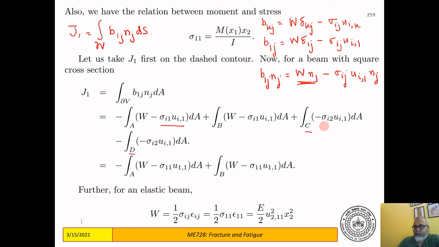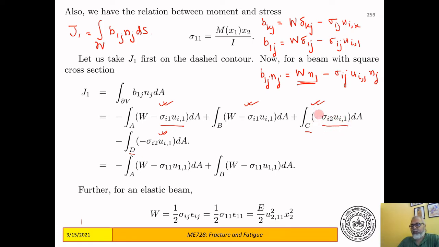So you have sigma i2 ui comma 1, and the negative sign comes because of whether you are looking at the top or the bottom, right or the left.